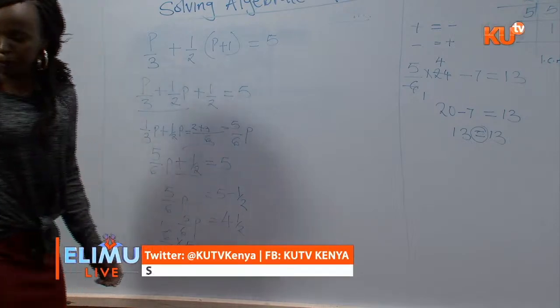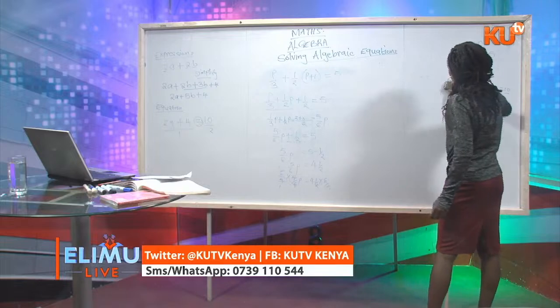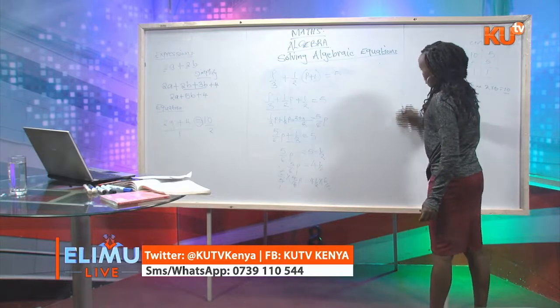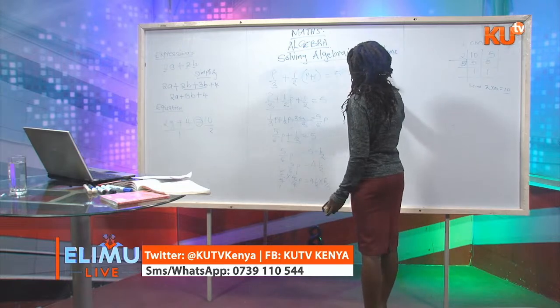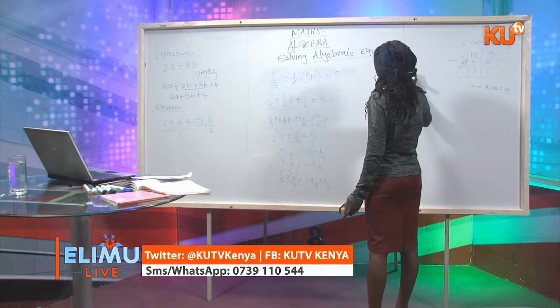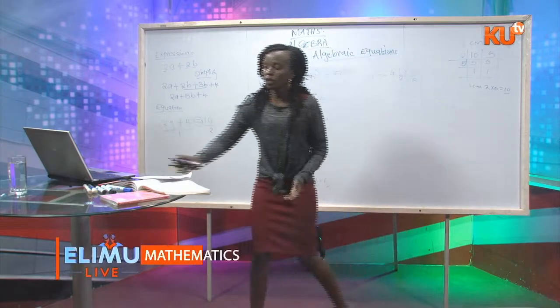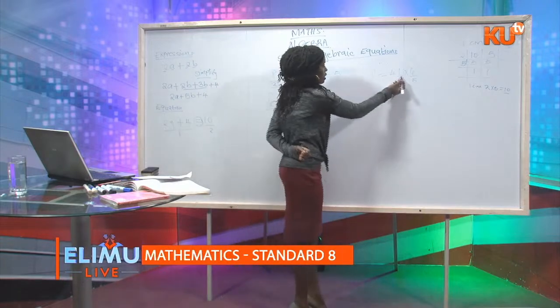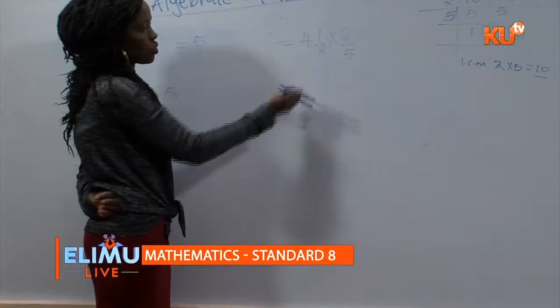So I have simplified here. I have p is equal to 4.5 times 6 over 5. So this is a mixed fraction. I change it to an improper fraction so that now I can go to solve it.